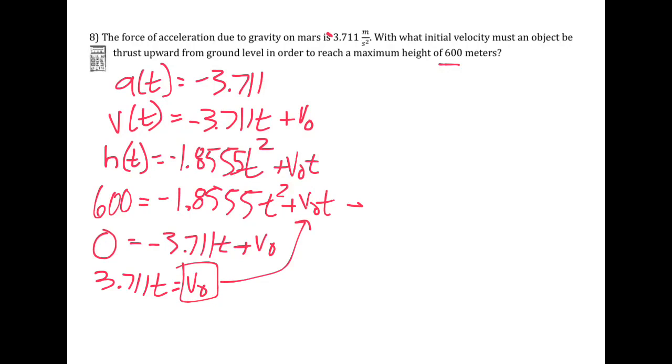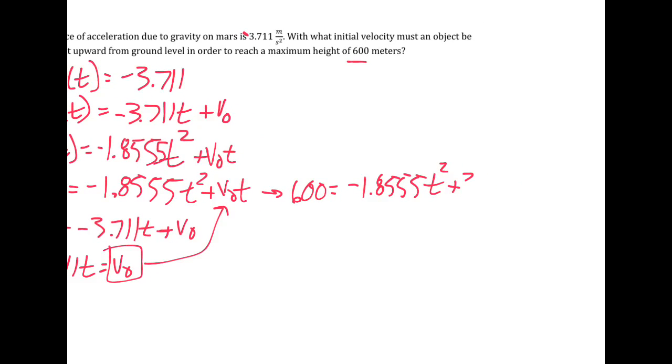So I'm going to get the equation then, 600 equals negative 1.8555 t squared plus, instead of v naught, I'm going to write 3.711 t. So 3.711 t, but then that's being multiplied by that t, so we'll get a t squared.